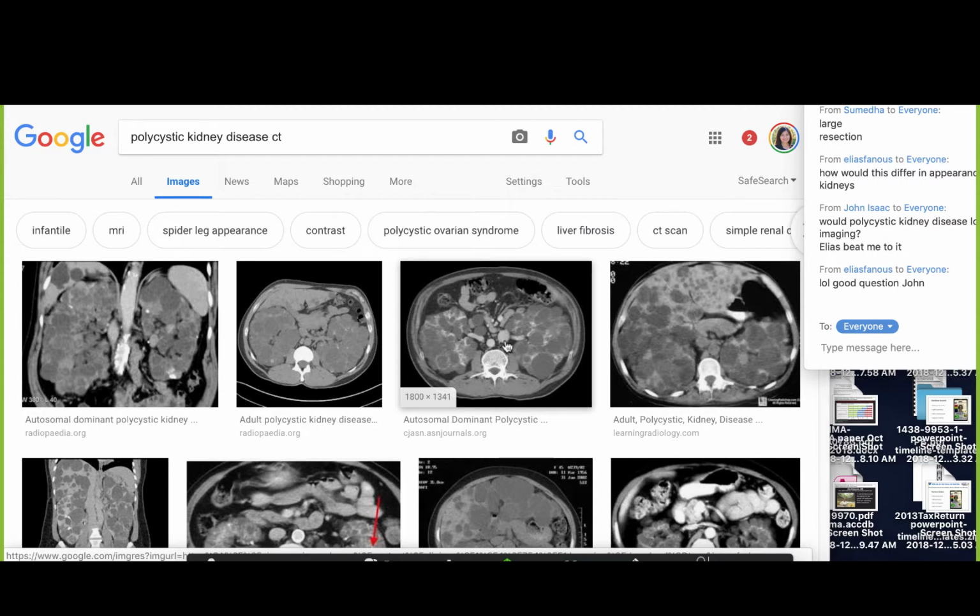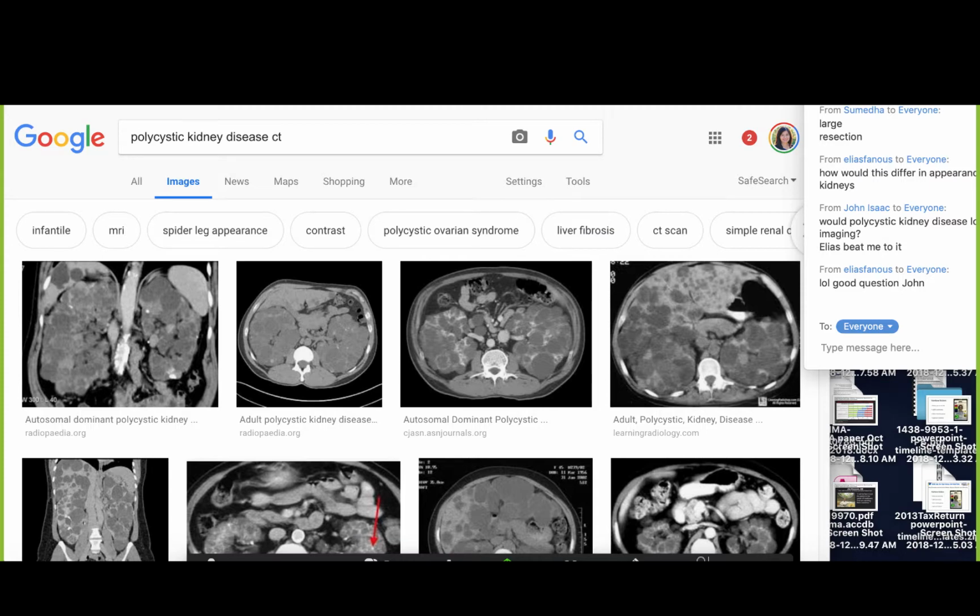The kidneys are enlarged from the multiple cysts, and patients have sort of fluid attenuating cysts seen throughout both kidneys. So these are usually bilateral, not unilateral, and then you have interspersed normal parenchyma in between. And there's no stones. So the renal pelvis, the collecting system are normal. It's just the parenchyma that's abnormal.